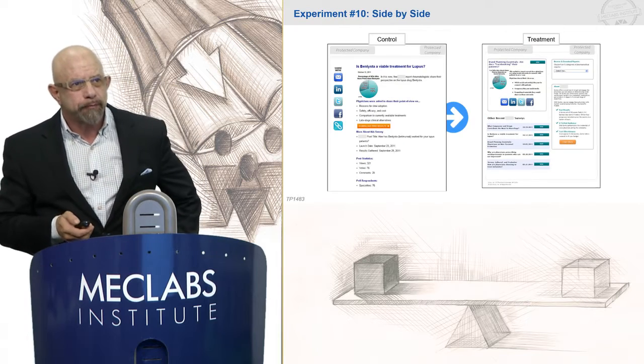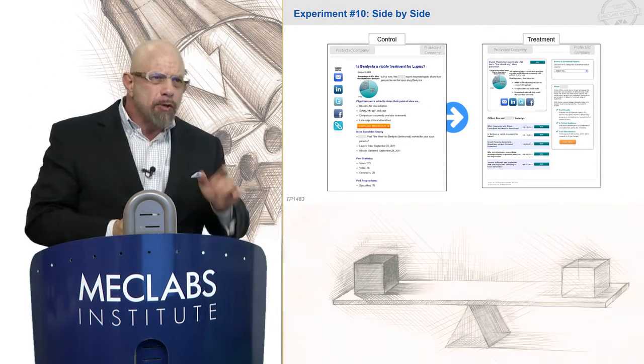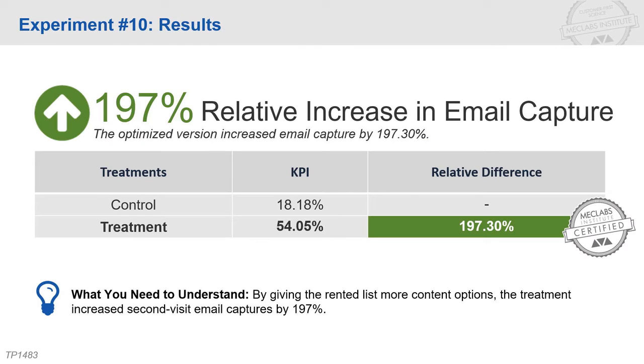Well, we created a treatment that had the primary piece, but then beneath it, you'll notice there's a series of links. And in this case, adding more calls to action was a positive because it gave you 5 other choices, 5 other pieces of content. And those 5, balanced against the emphasis of the first, gave a wider net to the appeal. What did it produce? 197% increase in email capture.